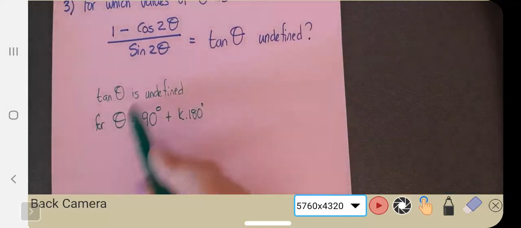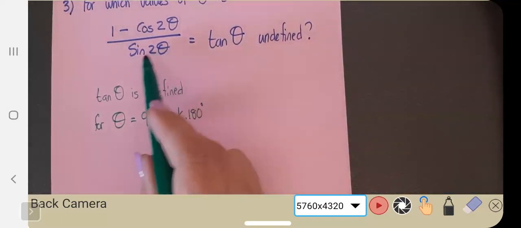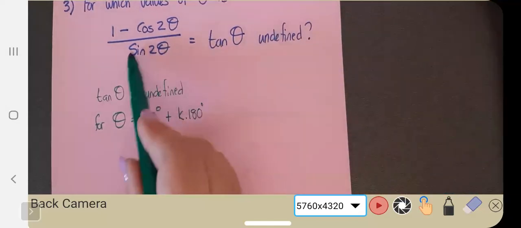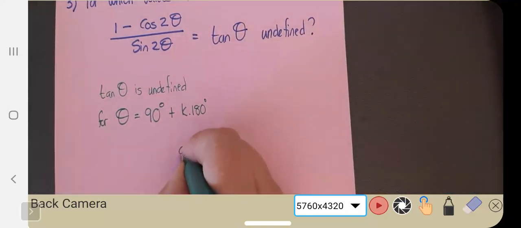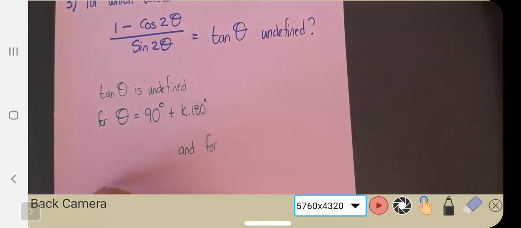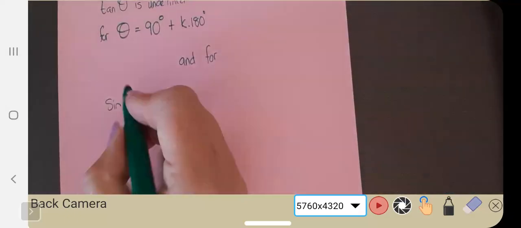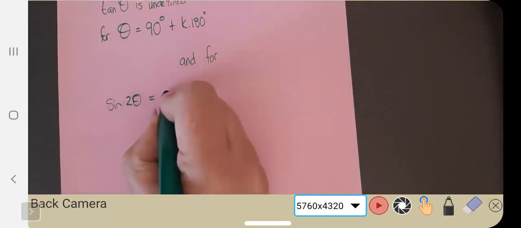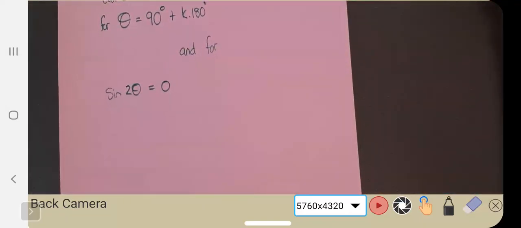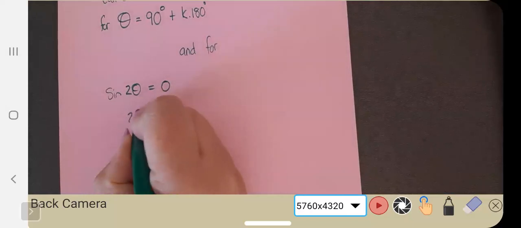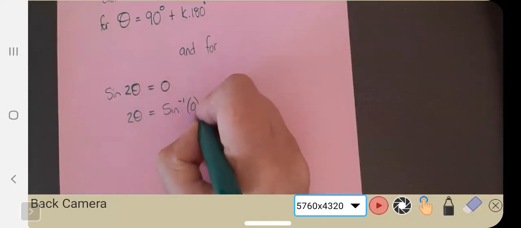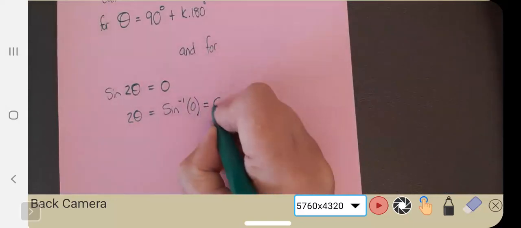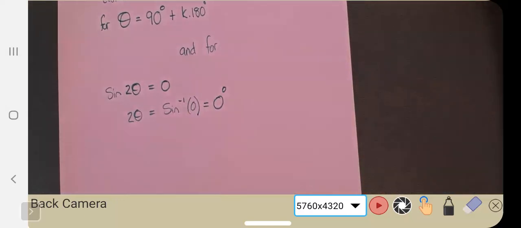But this is not the only thing where this identity will be undefined. It will also be undefined where sine 2 theta equals 0. So we have to write "and" for sine 2 theta equaling 0. So 2 theta must be the sine's inverse of 0, and that is at 0 degrees.